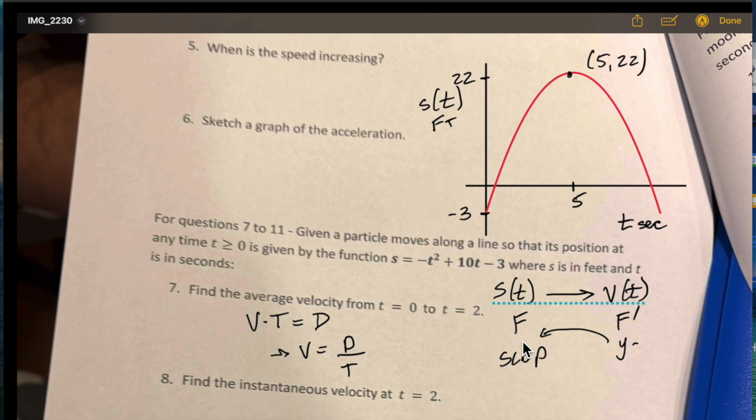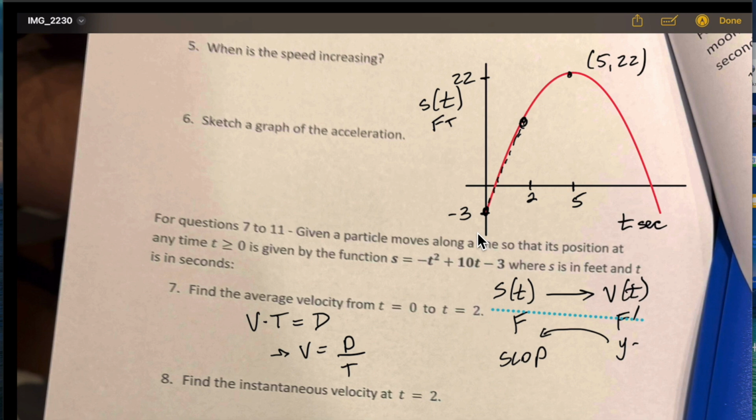So another way to do this is to just get this slope here. So there's t equals 2, and if we can get the slope of that secant line, then that'll give us the average velocity over that interval.